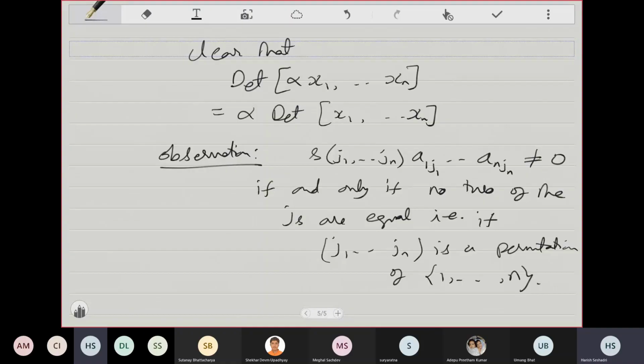So this always has to be kept in mind. So all these j1, j2, ..., jn are just permutations of 1 to n. So there's no repetition whatsoever.